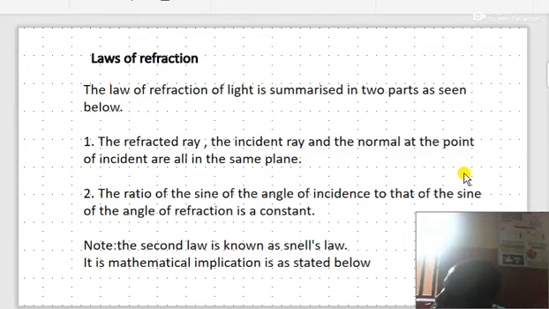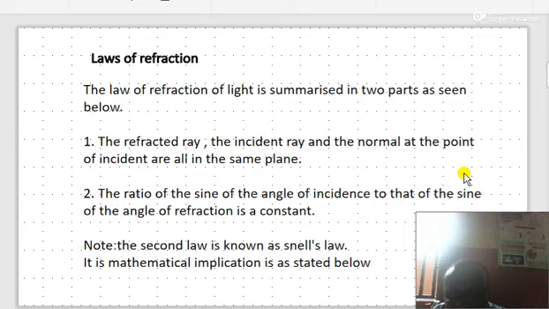The second law of refraction, also known as Snell's law, states that the ratio of the sine of the angle of incidence to the sine of the angle of refraction is a constant.